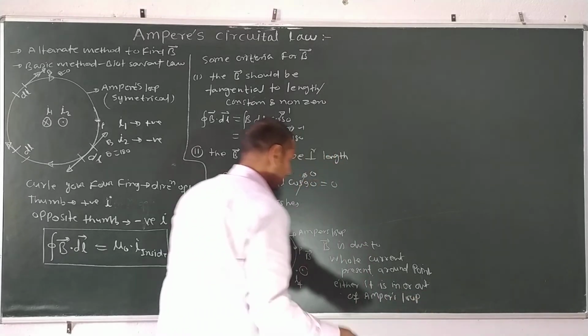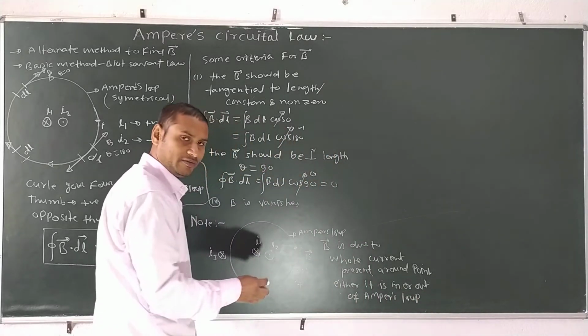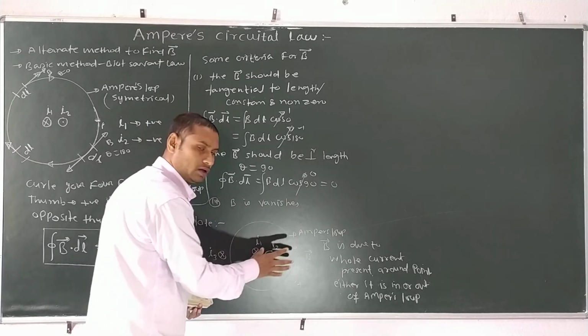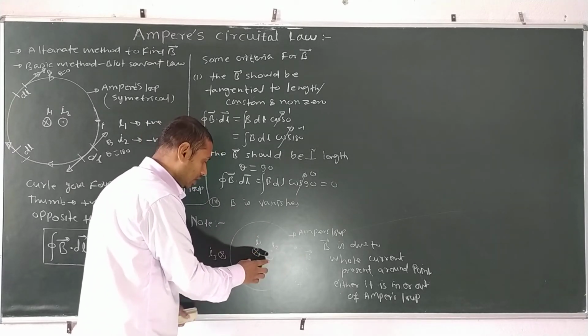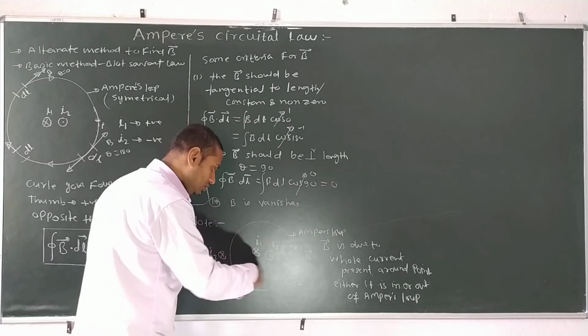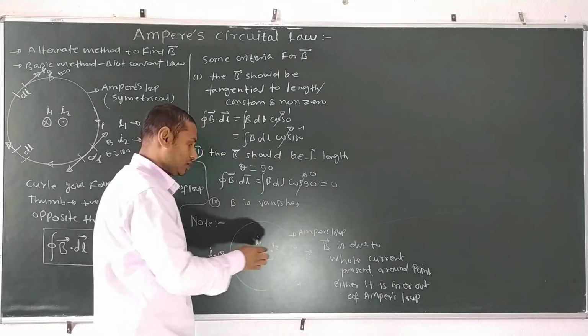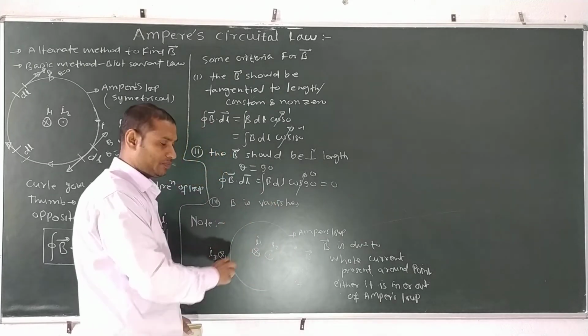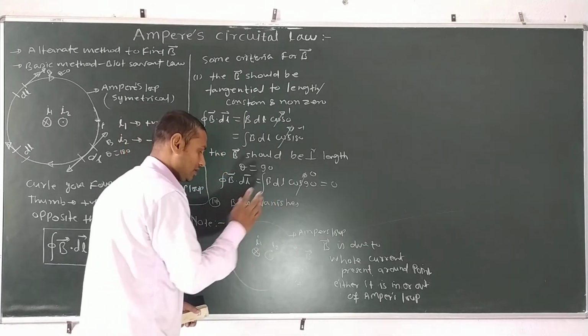Note that here the magnitude of magnetic field is due to the whole current present around that point, that is the current which is in or out of the Ampere's loop. The total magnitude of magnetic field is due to the total current present near the point.